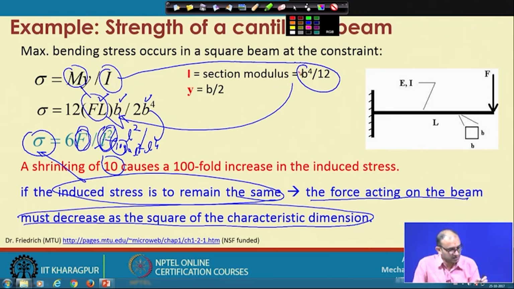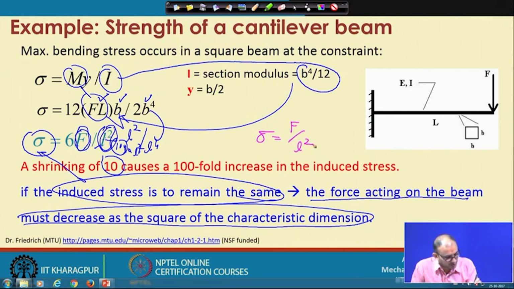Now consider here only. It is sigma equal to, let us ignore 6 right now, F over L raised to square. Now, we want to keep this as a constant, and we do not want this particular thing to pass through the bending stage, or it should not buckle. So, if you reduce the dimension L, keeping this particular thing constant, what is the variable?